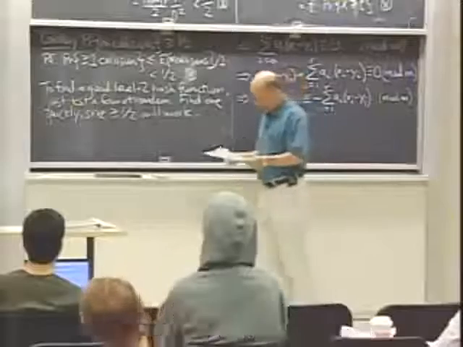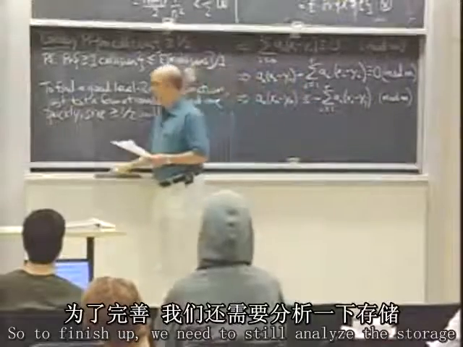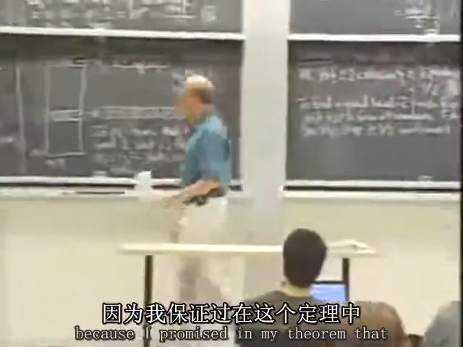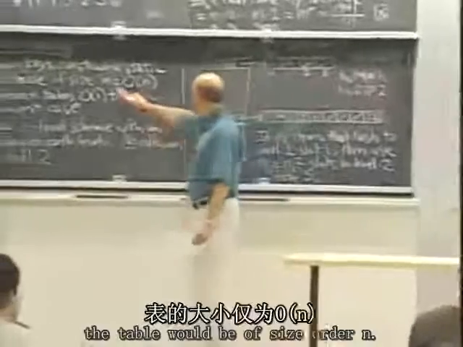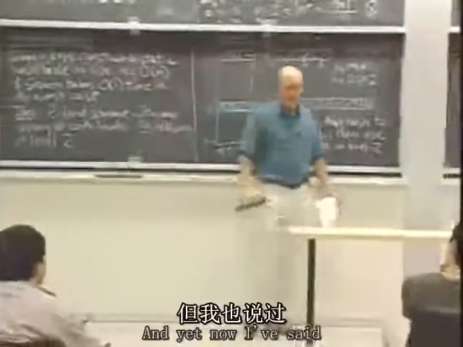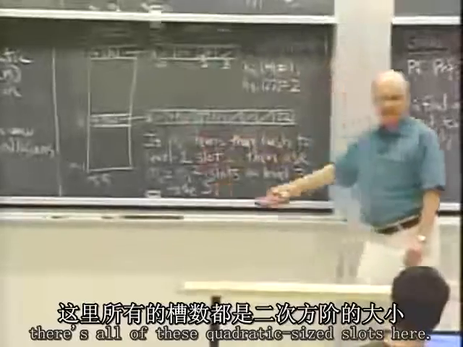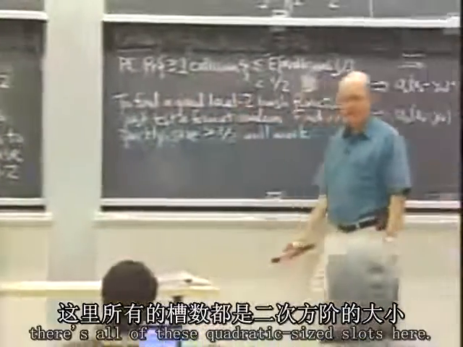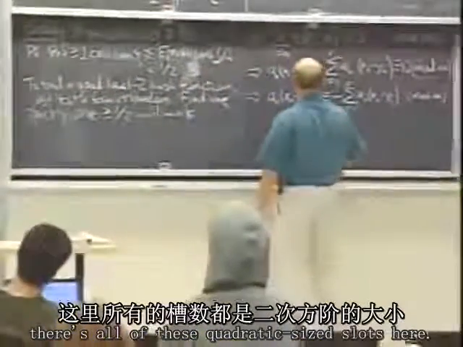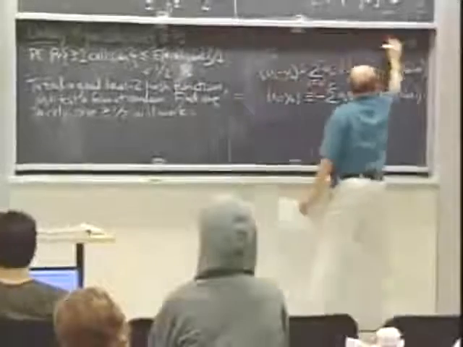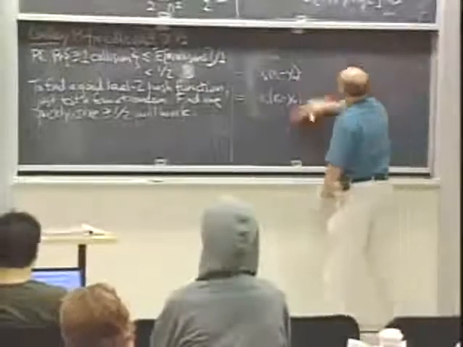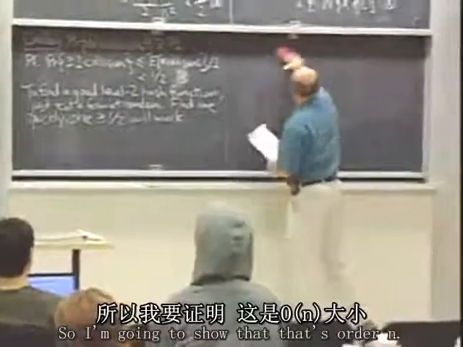Okay, so to finish up, we need to still analyze the storage, because I promised in my theorem that the table would be of size order n. And yet now I've said there's all of these quadratic-sized slots here. So I'm going to show that that's order n.